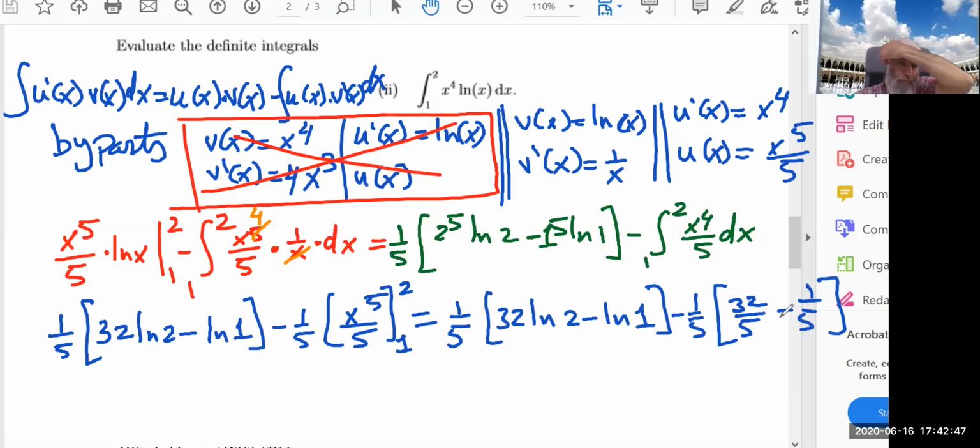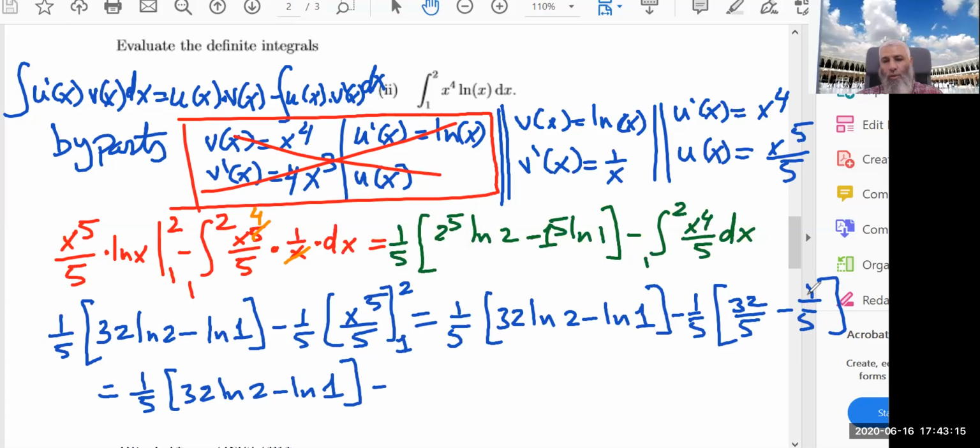So 1 over 5 of 32 ln 2 minus ln 1, minus 32 minus 1 over 5, which is 31 over 5. 32 minus 1 is 31. 31 multiply 1 is 31, over 25.